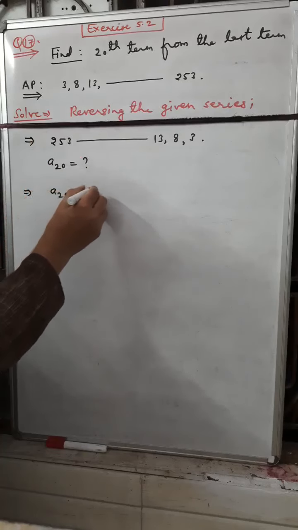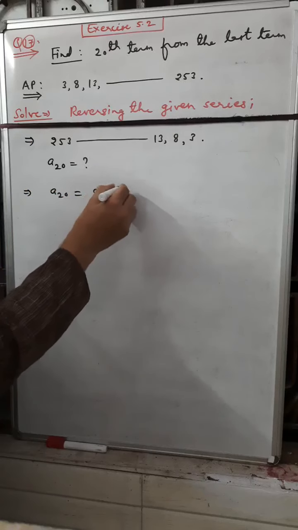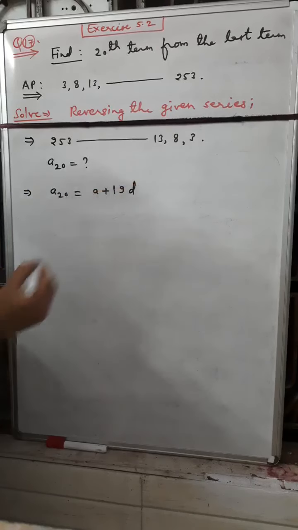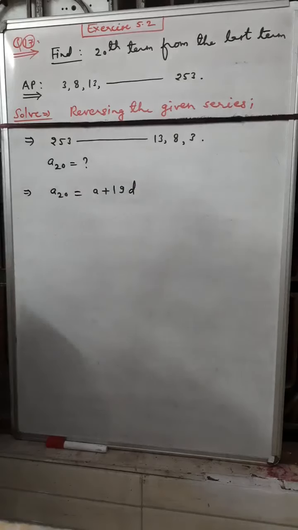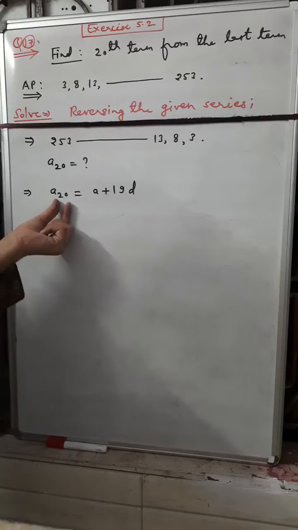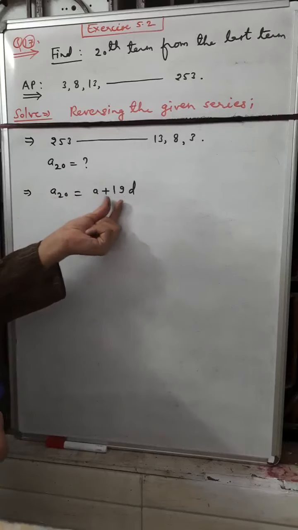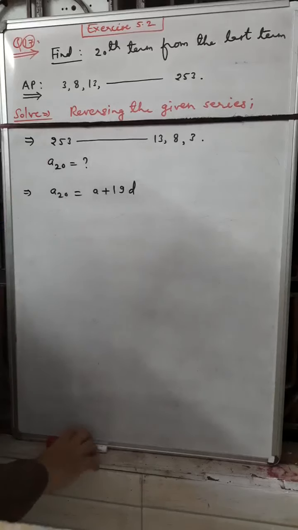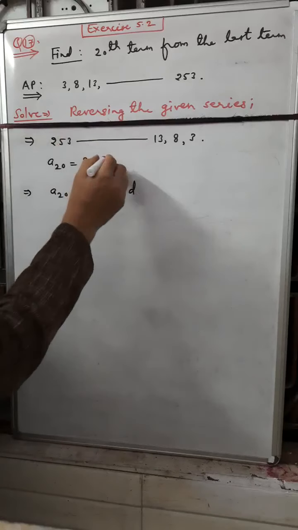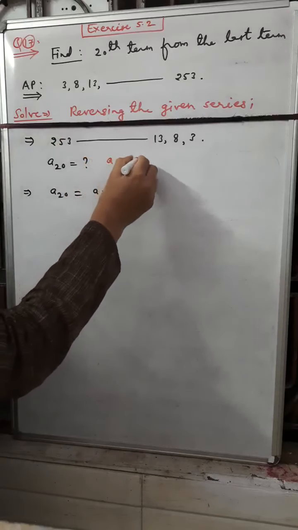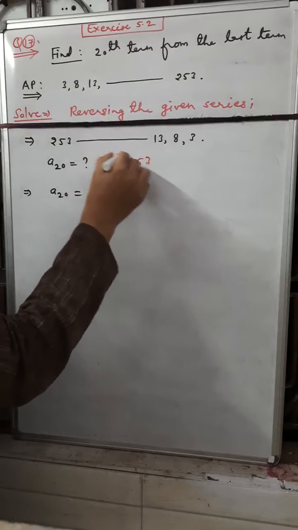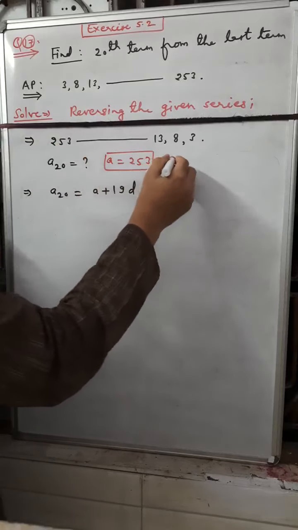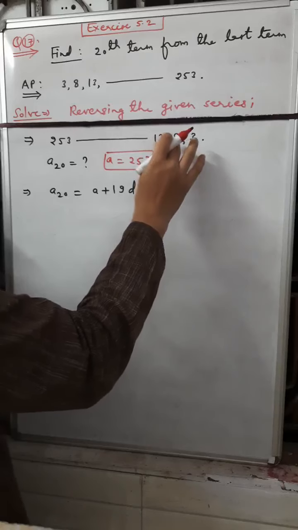A20 is equal to A plus 19D. We have written so many times the formula An is equal to A plus n minus 1 into D. So if we have 20, here it is 19. Here A is equal to the first term, so 253 has become the first term. And how to find D?